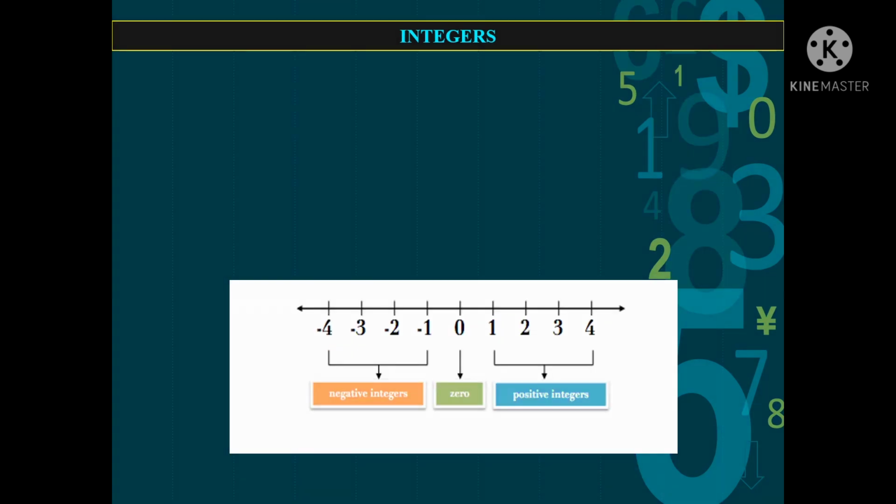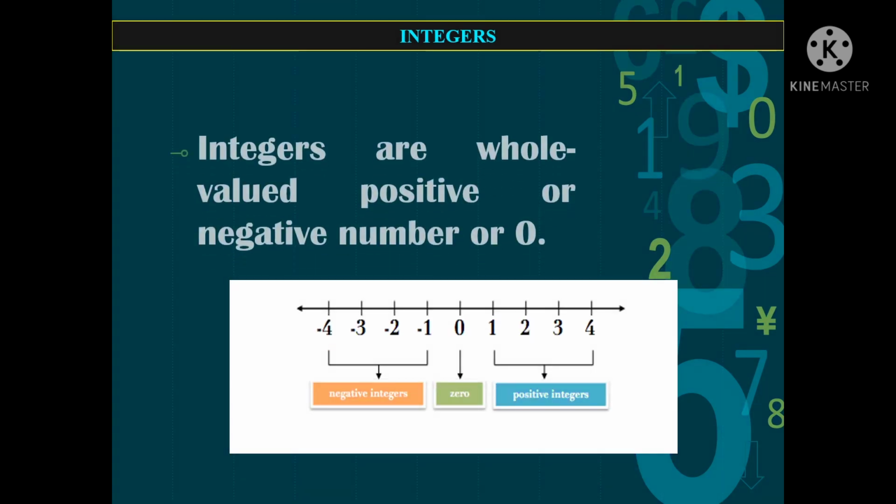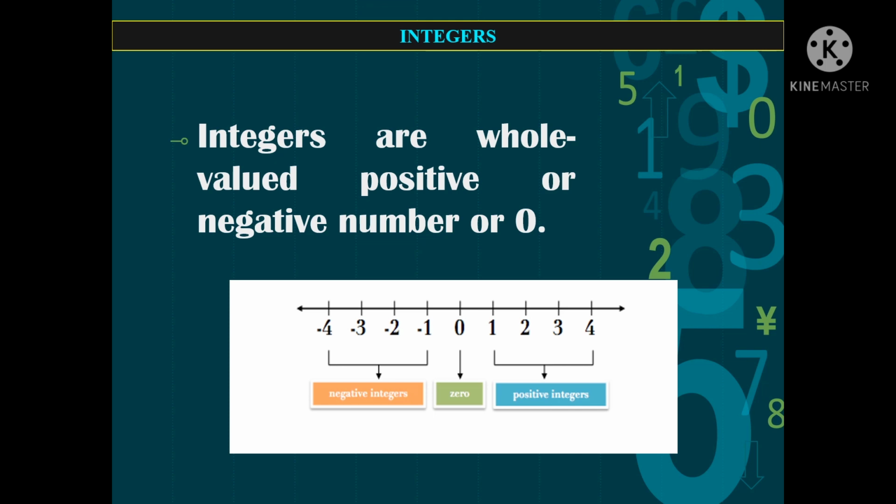So now let's proceed to the second definition. Integers are whole-valued positive or negative numbers or 0. What this means is that integers don't have any fractional or decimal numbers.